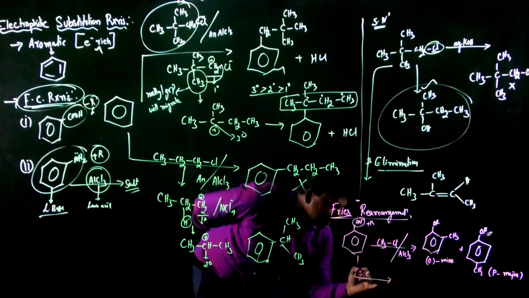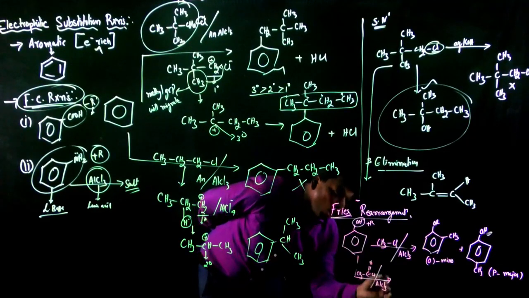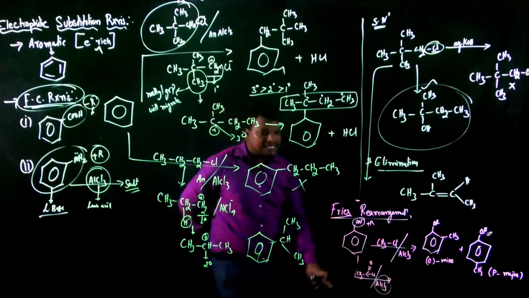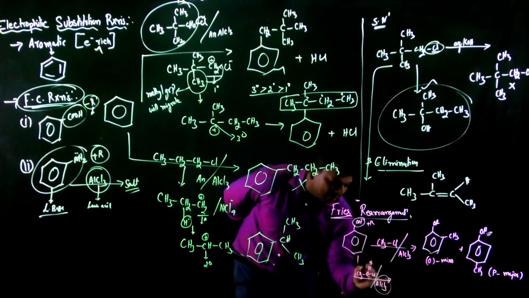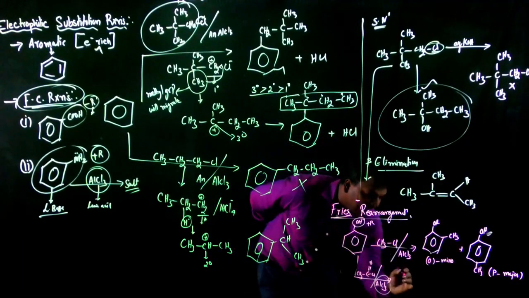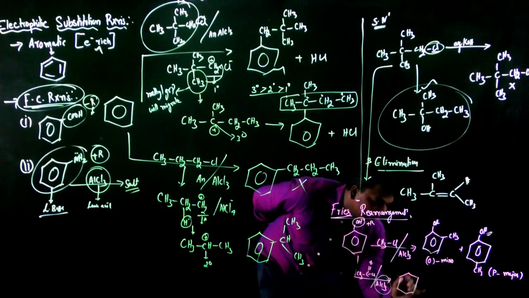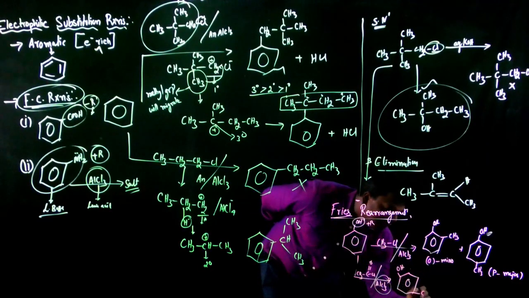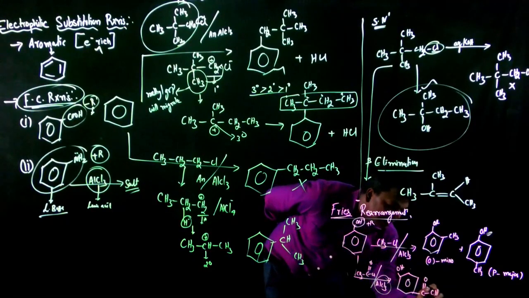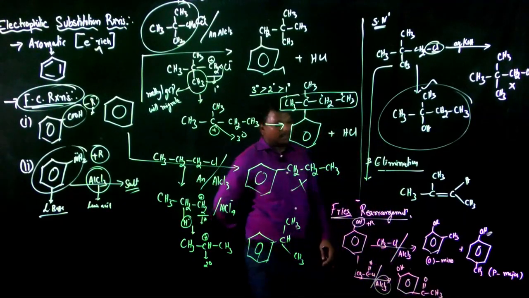Now treat with CH3C(=O)Cl in presence of AlCl3. Already I told you the role of AlCl3: AlCl3 is a Lewis acid. It will take the chloride anion and you will get an electrophile that will come and substitute in the para position, which is your major product, C(=O)CH3. You got it?